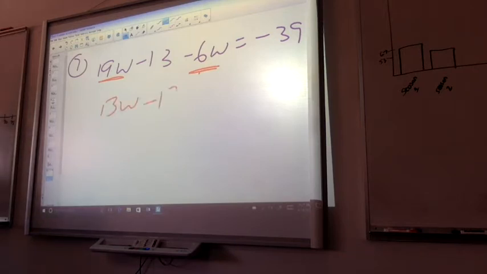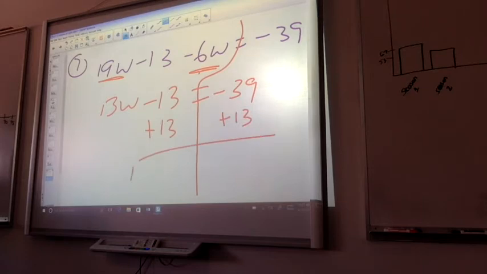And then we're going to subtract 13, it'll be equal to negative 39. And then I could add 13, oops, I forgot to make my line. Add 13 on both sides. 13W, is it negative 26? Yeah. Cool. Divided by 13, so it looks like negative 2, right?